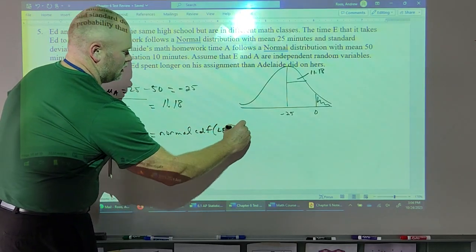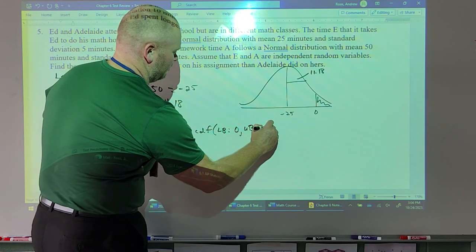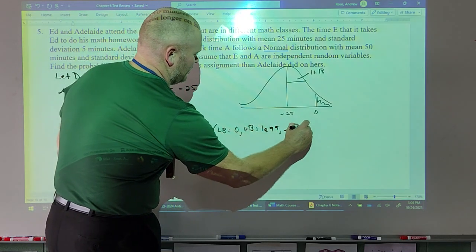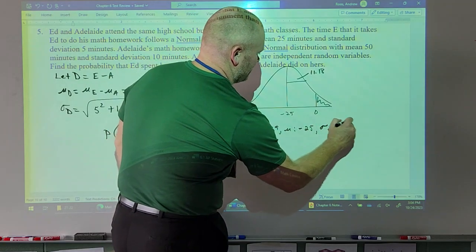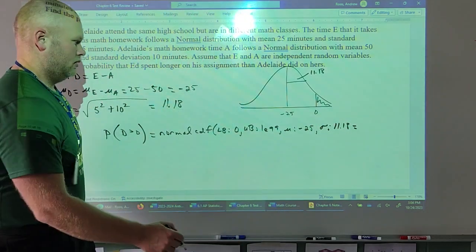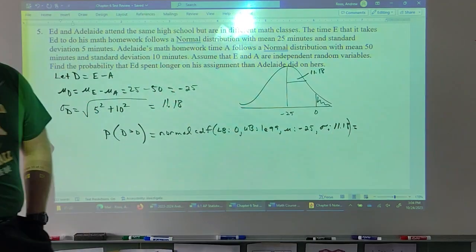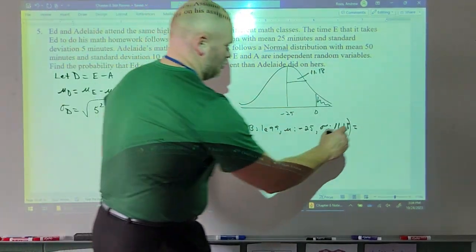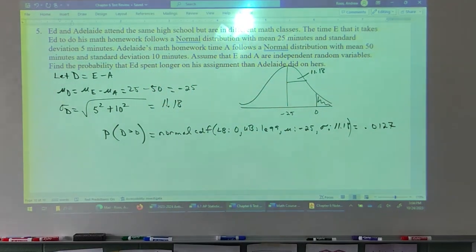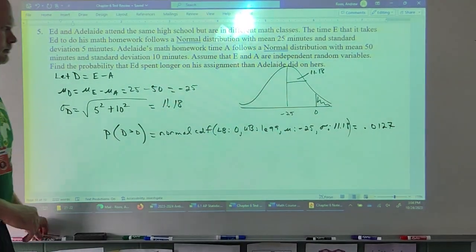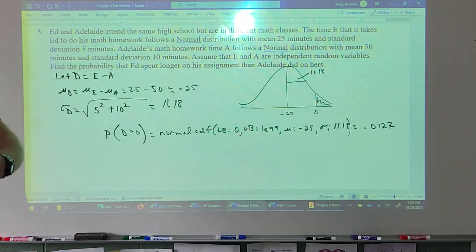So lower bound 0, upper bound 1E99, mean negative 25, standard deviation 11.18. And we should get about 0.0127.